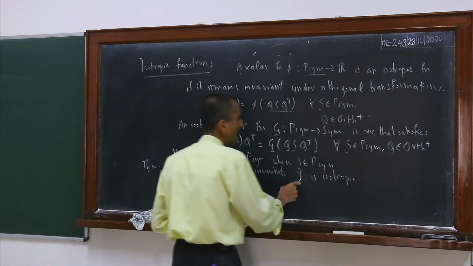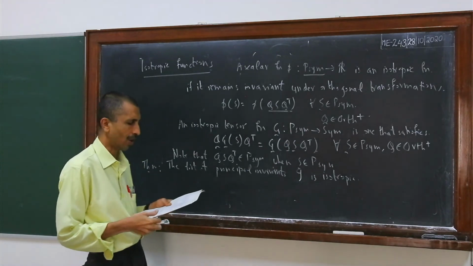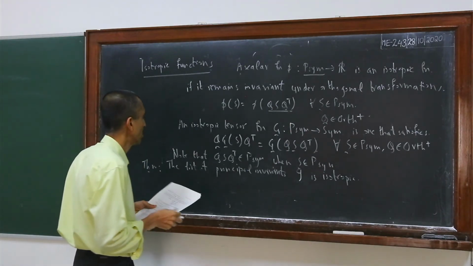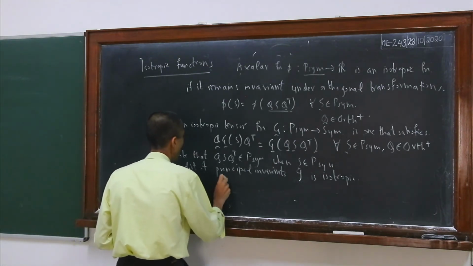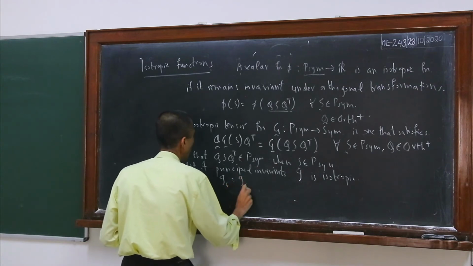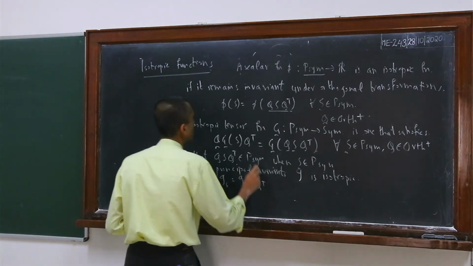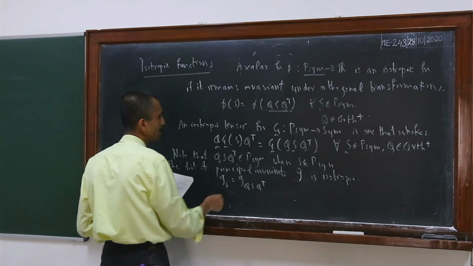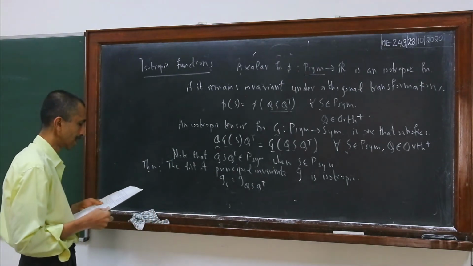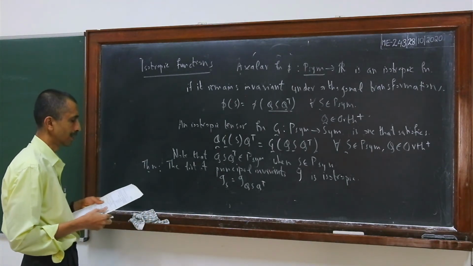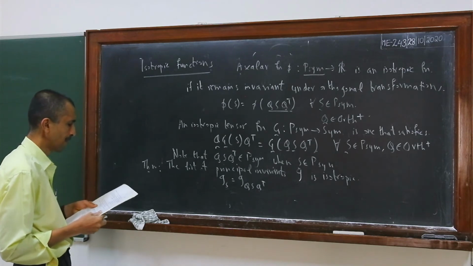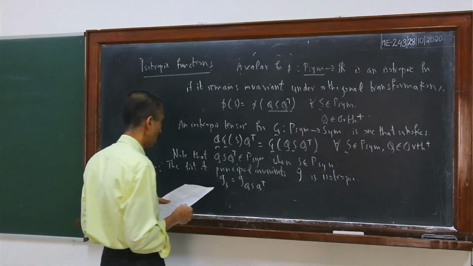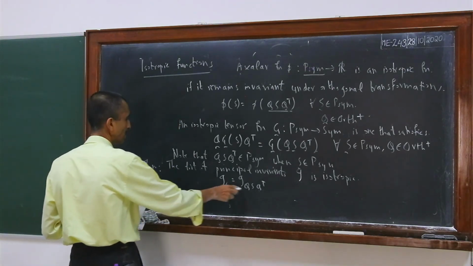So this I actually includes I1, I2, I3, all three of them. What we want to show is that I of S is equal to I of QSQ transpose. So this phi in this particular case is just the principal invariants. We know that they are scalar valued functions, and we are trying to show that they are isotropic functions in this particular sense.